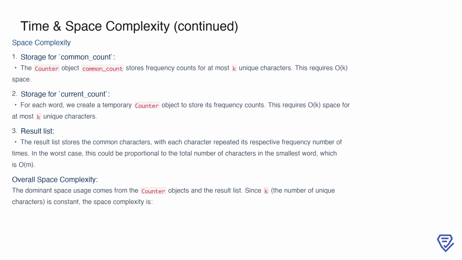Additionally, the result list stores the common characters, with each character repeated according to its frequency in common_count. In the worst case, the size of this list could be proportional to the total number of characters in the smallest word, or O(m). Since the storage needed for the counter objects dominates the space usage and K is constant, the overall space complexity simplifies to O(m). This ensures that the algorithm uses memory efficiently, even for larger inputs.